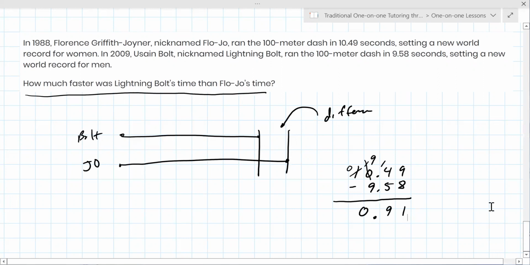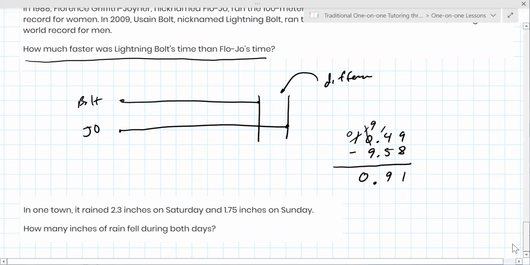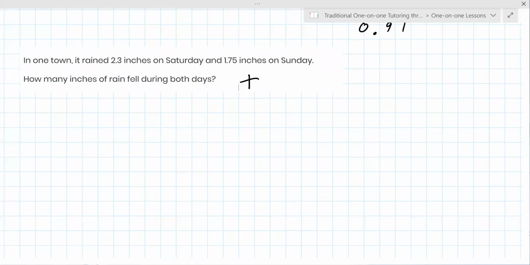It looks like there's a couple more questions here that you might have. Let me just snip them in, and I'll give you the math operation, and then we'll finish up here. You'll have to work these out on your own. This next one, you're going to end up adding. That's number 7, number 8.